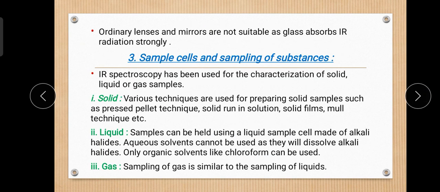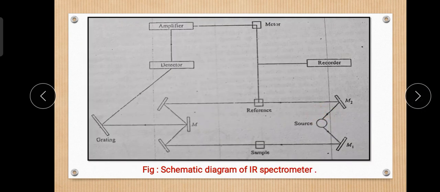This source emits radiation in all directions, but here we place two mirrors, M1 and M2, so that the radiation gets reflected from these two mirrors and is further processed. There is also one movable mirror, or we can use the chopper, denoted by M. So this is the four optics arrangement.